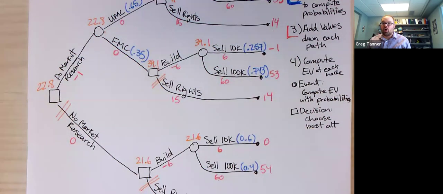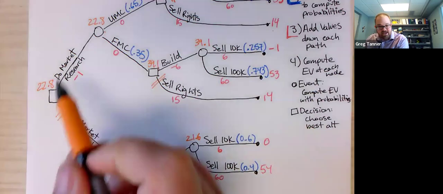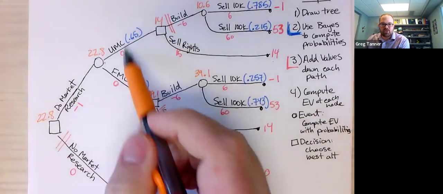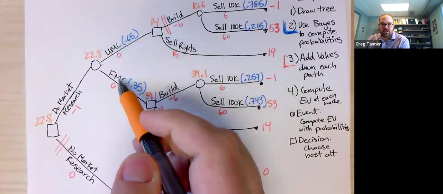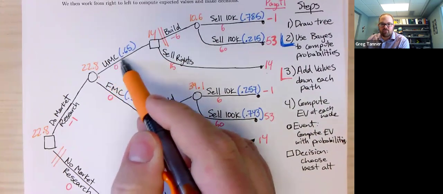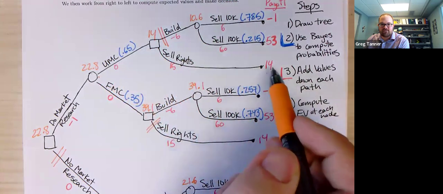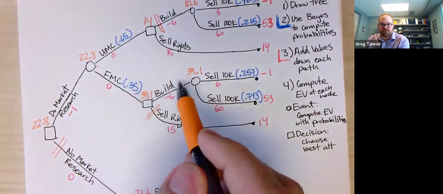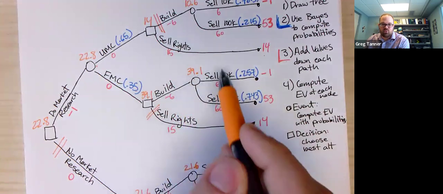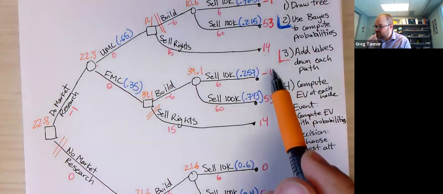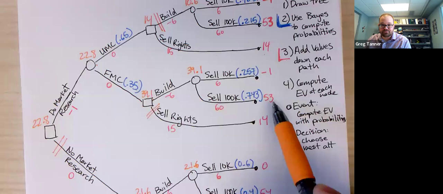Okay, so the overall expected value of this scenario would be you pay the 1 million for market research, and depending on whether you get UMC or FMC for the market research, if you get unfavorable market conditions, you sell the rights and get 14. If you have favorable market conditions, you build and you get whatever the result is, either -1 or 53.